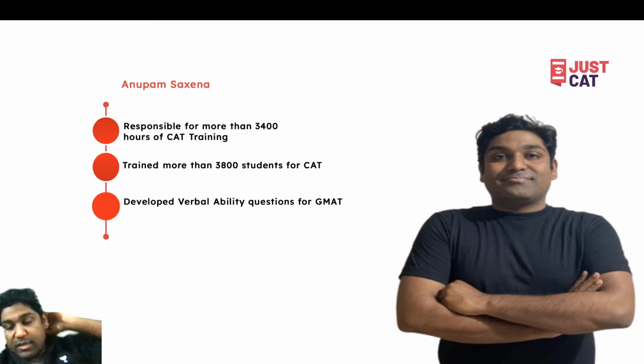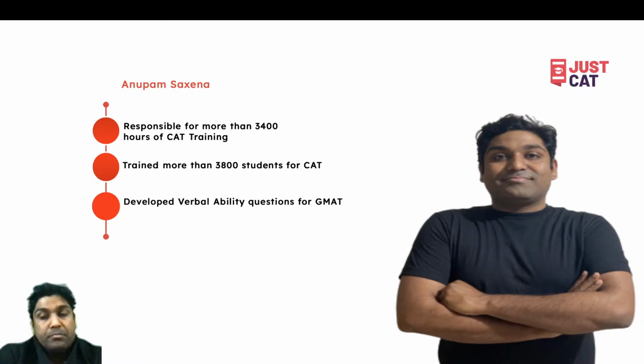What happens is that this year in CAT, and in the previous couple of years, I have seen that on one hand, the number of database questions has come down.